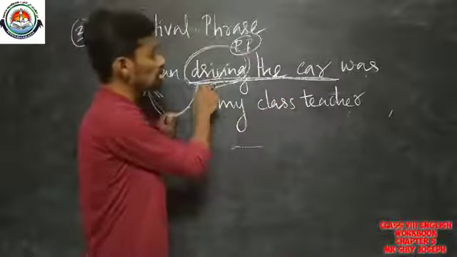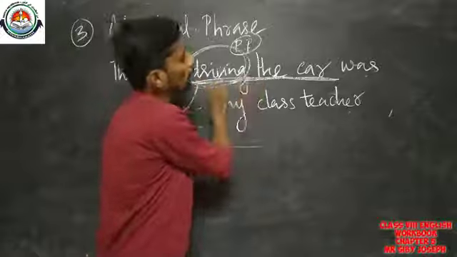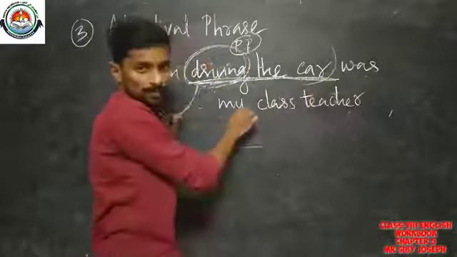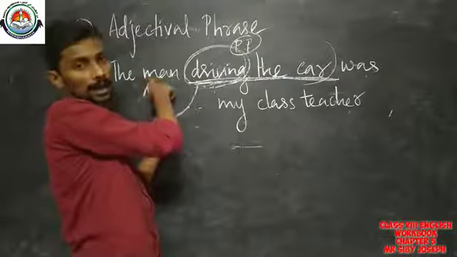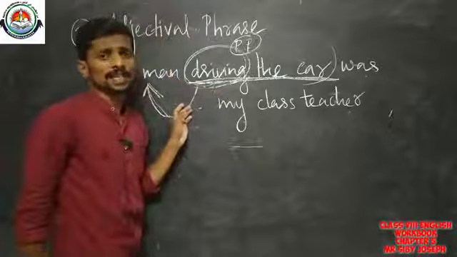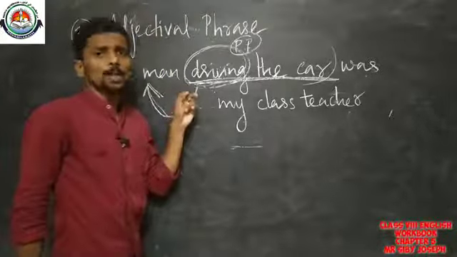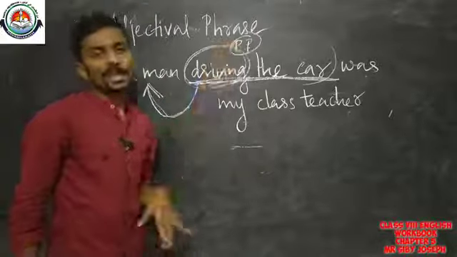So, here this driving helps us to form the adjectival phrase called driving the car, which is used here to qualify the noun, the man. So, present participle can sometimes be used as an adjectival phrase.